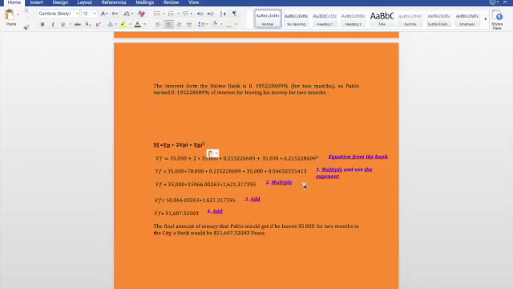Then we multiply, then we add, and it will give us the final amount of money that Pablo will get if he leaves 35,000 pesos for 2 months in Citibank: 51,687.32003 pesos.